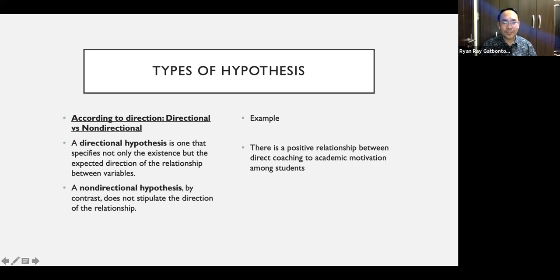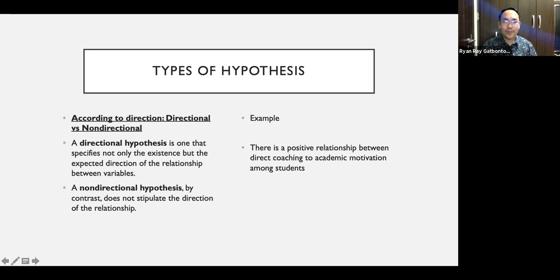But if you did your research properly, and if you do your literature review correctly and adequately, a directional hypothesis is a reflection of what you have known about your topic. So it's highly encouraged that we focus our hypothesis into a directional hypothesis, because this reflects our ability to synthesize what we have read in our literature review.